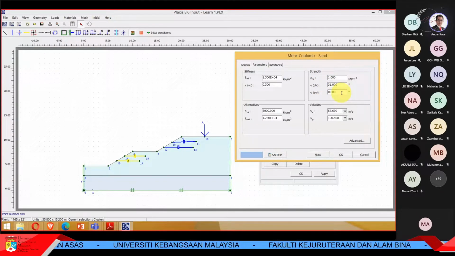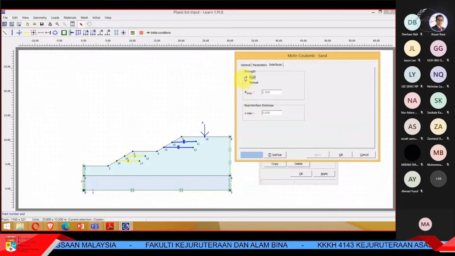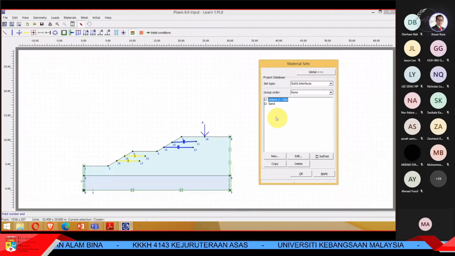Yeah, that is quite high. And we don't have interface. If we have interface, we need to change the interface here. Since we don't consider interface, we don't worry about that.